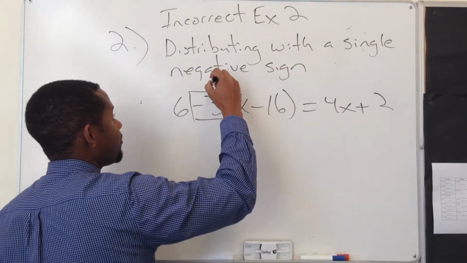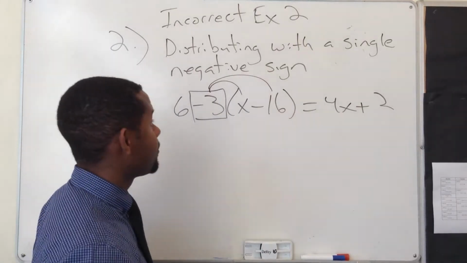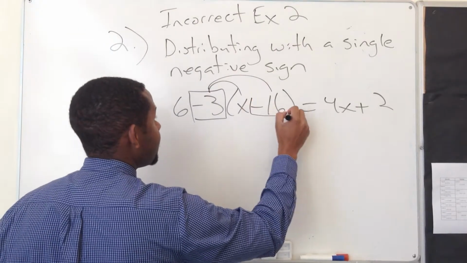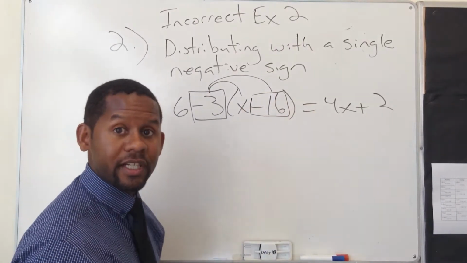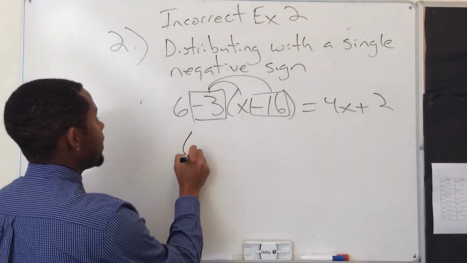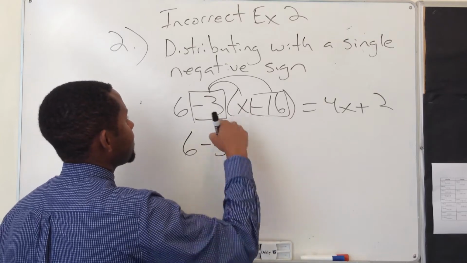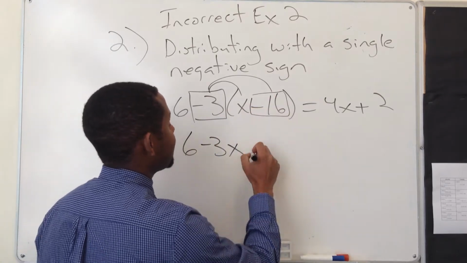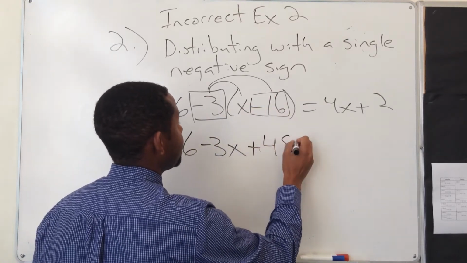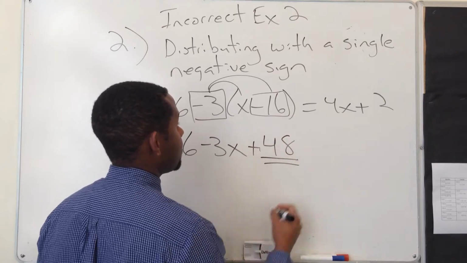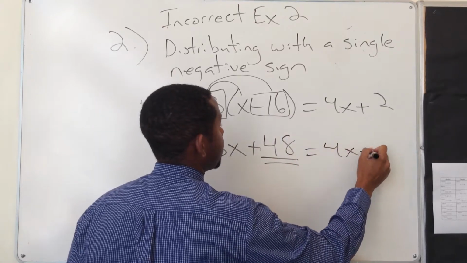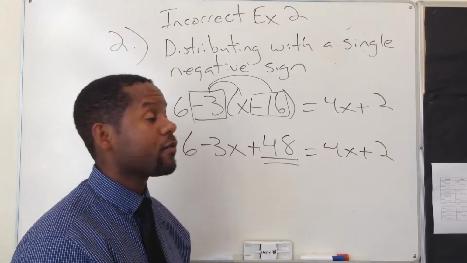So this is negative 3 times x and negative 3 times negative 16. Those are connected. Treat them the same. So I end up with 6 minus 3x, negative 3 times x is negative 3x. Negative 3 times negative 16 is positive 48. Okay? 4x plus 2. So please be careful with that.